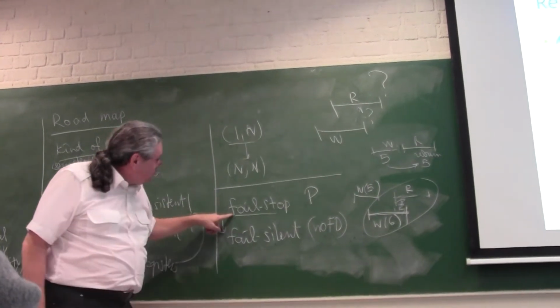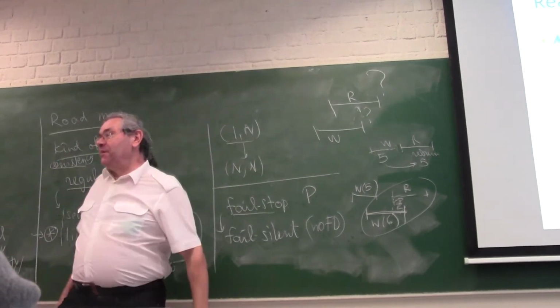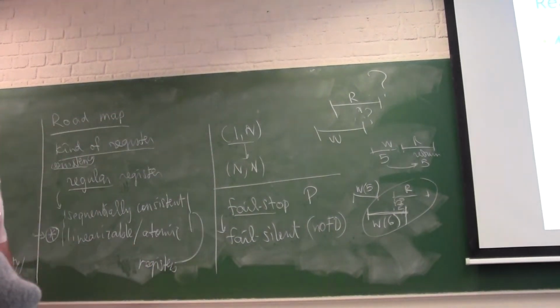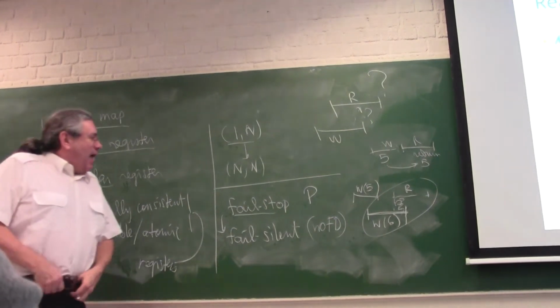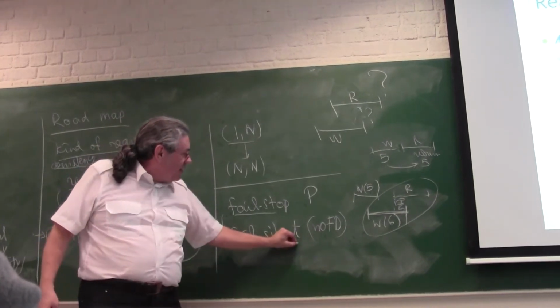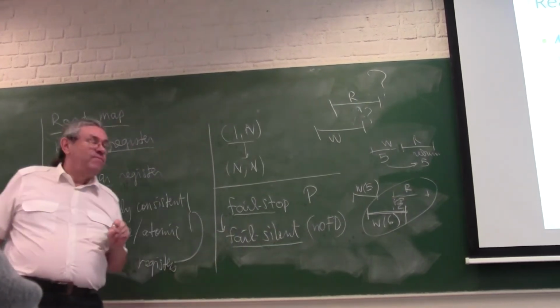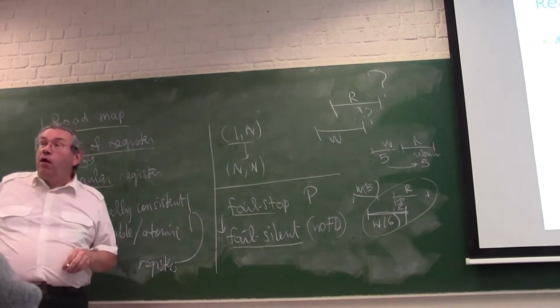But still, we have this problem of the P here. This one will not really run on the internet. So I want to give you an internet version for a regular register. The simplest way to do that is to give you a fail-silent one. Fail-silent means it does not use a failure detector at all.